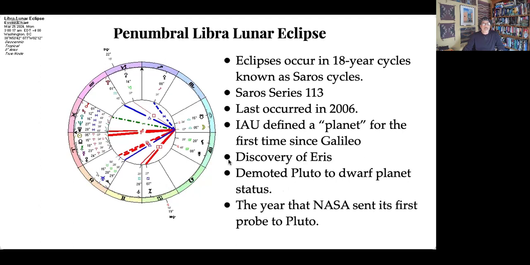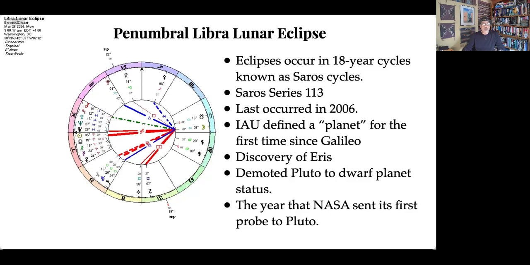Eclipses occur in 18-year cycles known as Saros cycles, and this is Saros series 113, which last occurred in 2006. The International Astronomical Union in that year defined a planet for the first time since Galileo because they had discovered Eris. And Eris was discovered two Pluto distances from the sun, slightly larger than Pluto.